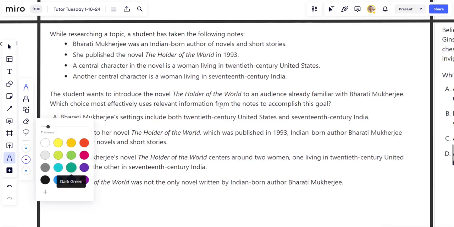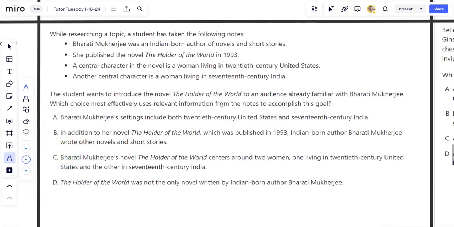Okay, next one is a kind of a new format that you see in digital SAT. We are given some students' notes, and we're asked to do something with those notes. So it says the student wants to introduce the novel The Holder of the World to an audience already familiar with this author. Which choice most effectively uses relevant information from the notes to accomplish this goal?